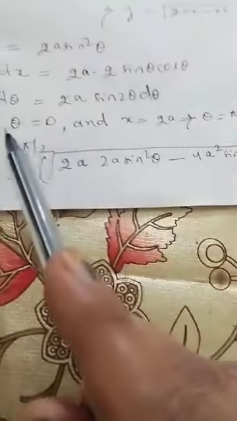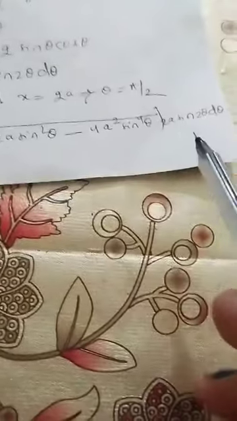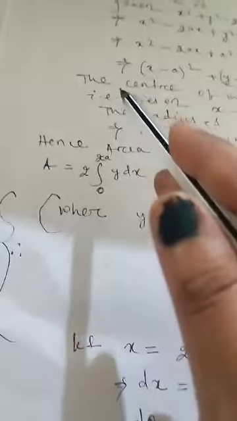Now put all the values of x and dx in terms of theta. Then we get the area equal to 2 times the integration from 0 to pi by 2.